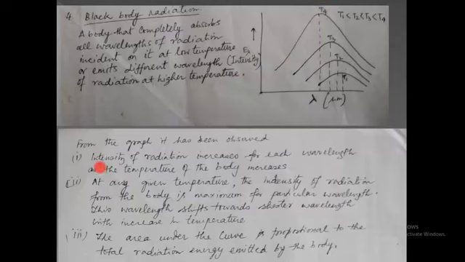So the first point says the intensity of radiation or energy increases for each wavelength as the temperature of the body increases. This statement comes in the form of a law which we are going to discuss in the next slide.